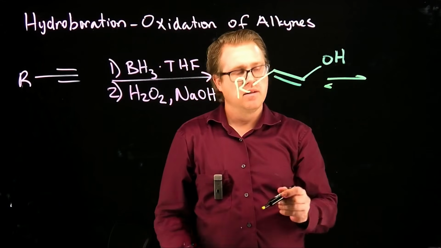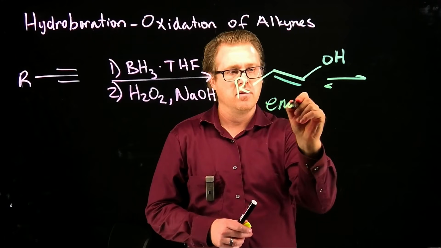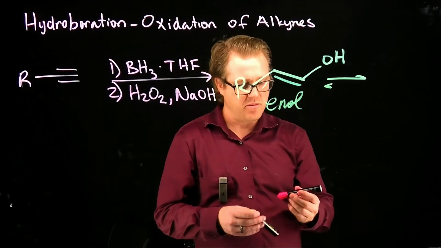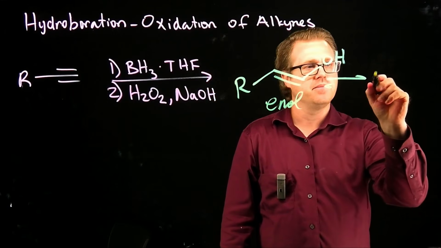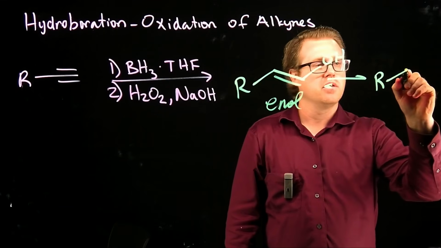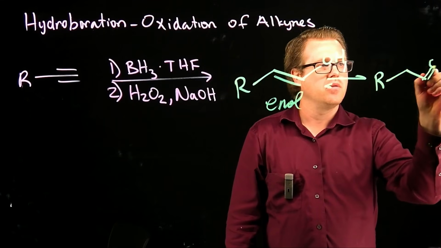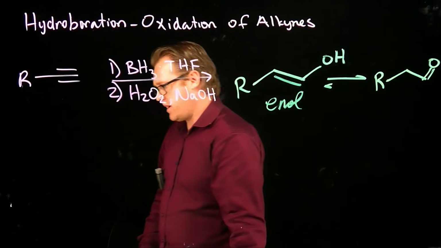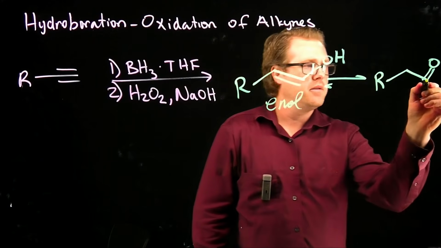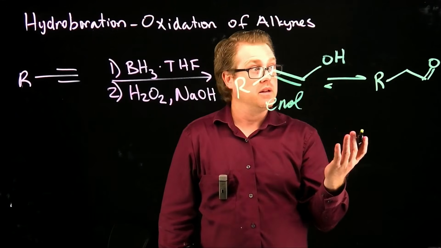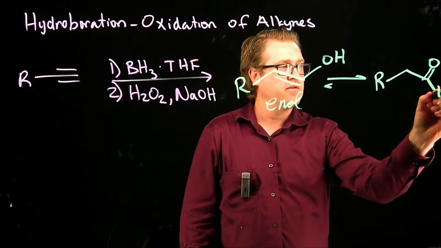But that is an enol, and so it is going to tautomerize into a different product here. What is it going to tautomerize into? Well, I could draw in a hydrogen if I want.